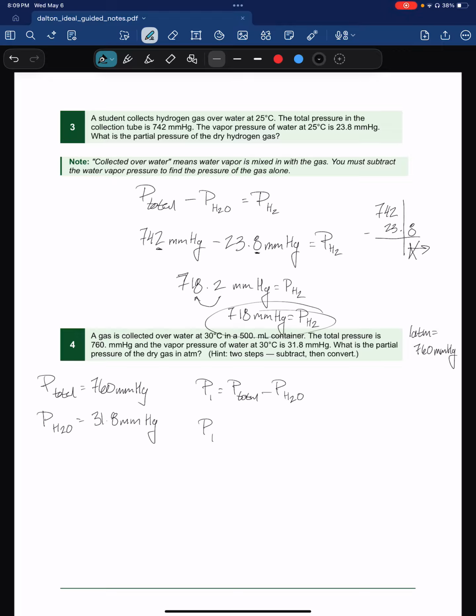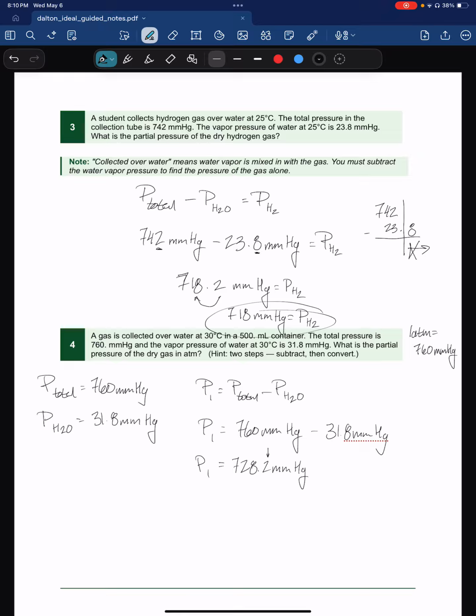And so we got 760 millimeters of mercury minus 31.8 millimeters of mercury. And when we do that, we will get 728.2 millimeters of mercury. Remember that this last digit is not significant.